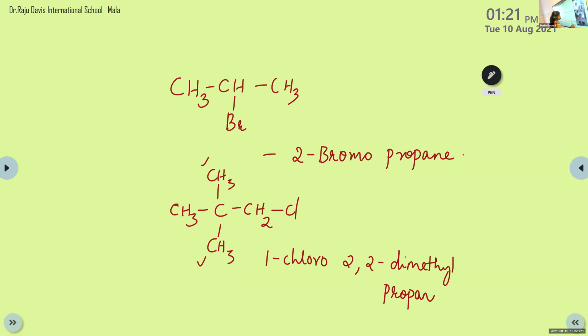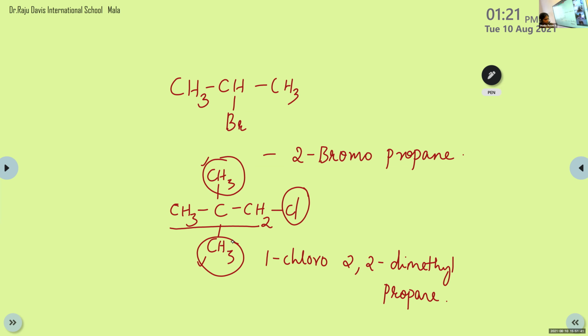Okay. Here, this one is considered as the parent chain. This one is a substituent. These two are also substituents. So when there are methyl groups and halogens as substituents, you should write halo groups, halogens first. After that, you can follow alkyl groups.